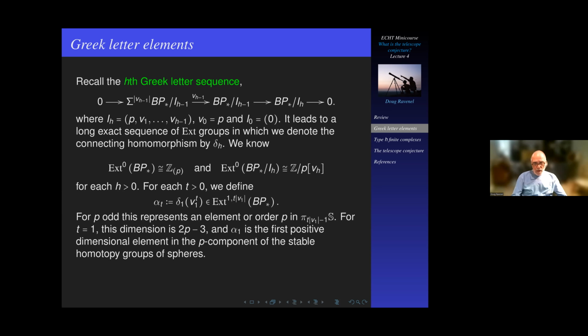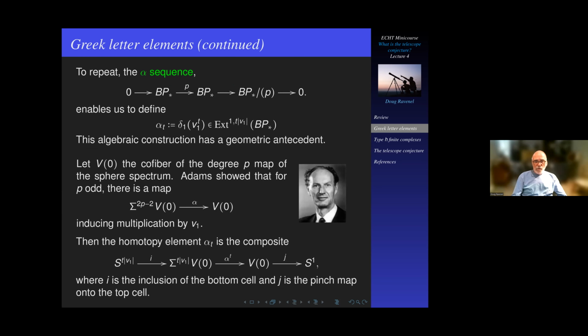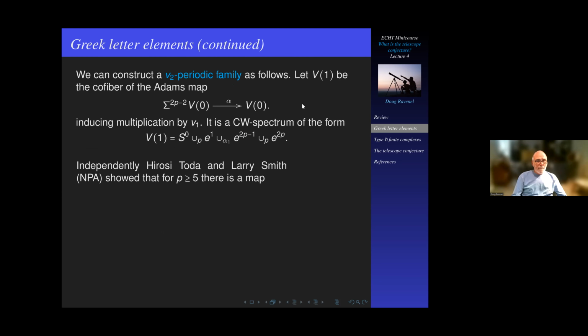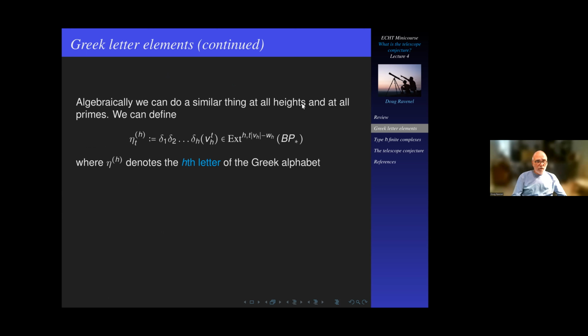So algebraically, we can do a similar thing at all heights and all primes, and we can define this, where eta upper parentheses h stands for the h-th letter of the Greek alphabet. So it's alpha or beta or gamma or blah, blah, blah. In the algebraic world of Ext groups, you can do this for all heights and all primes.